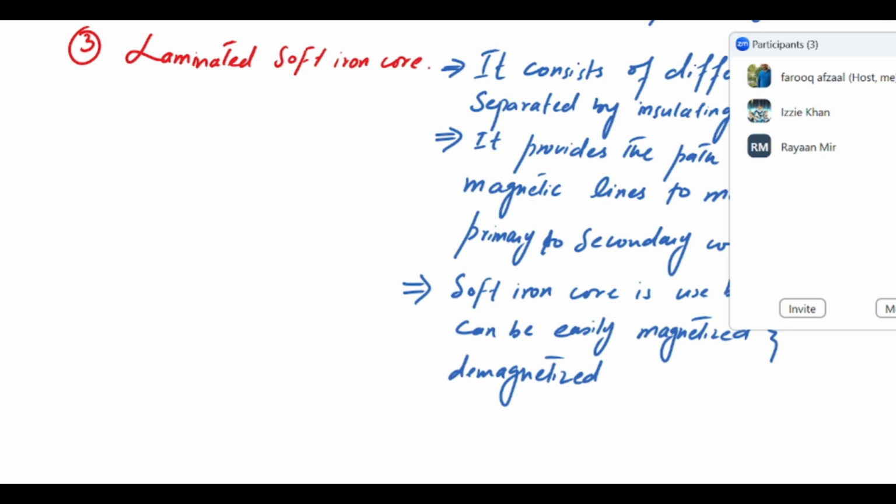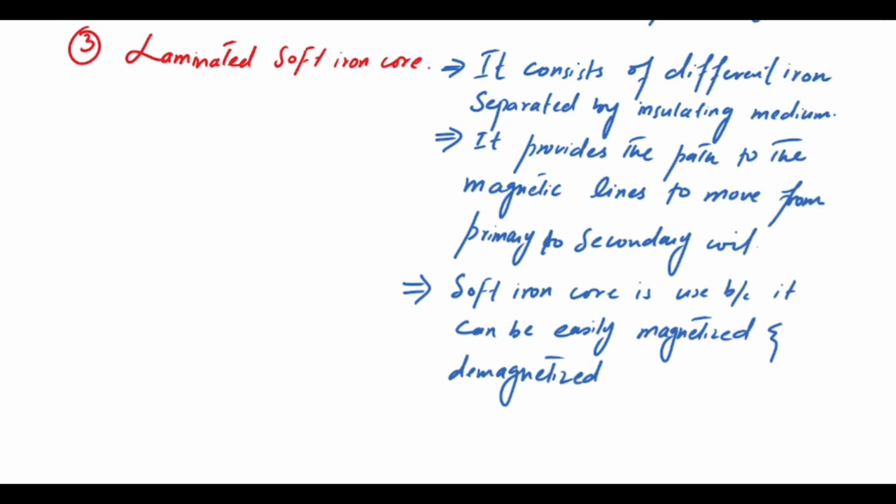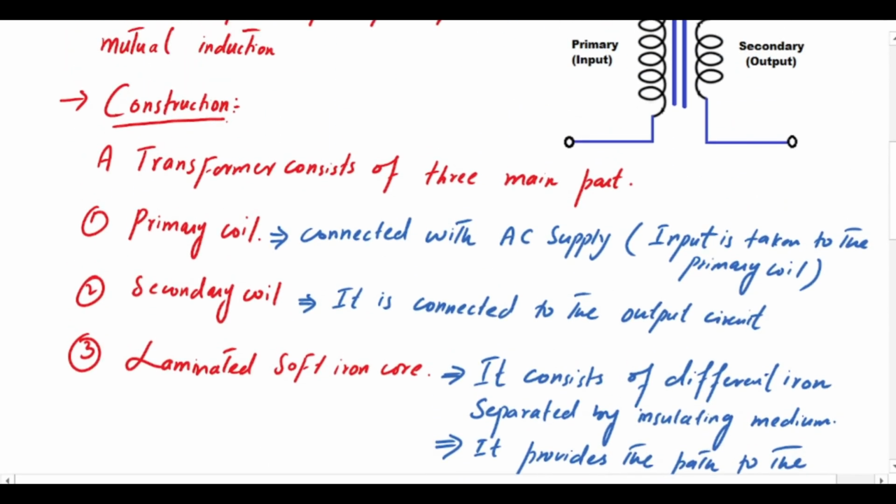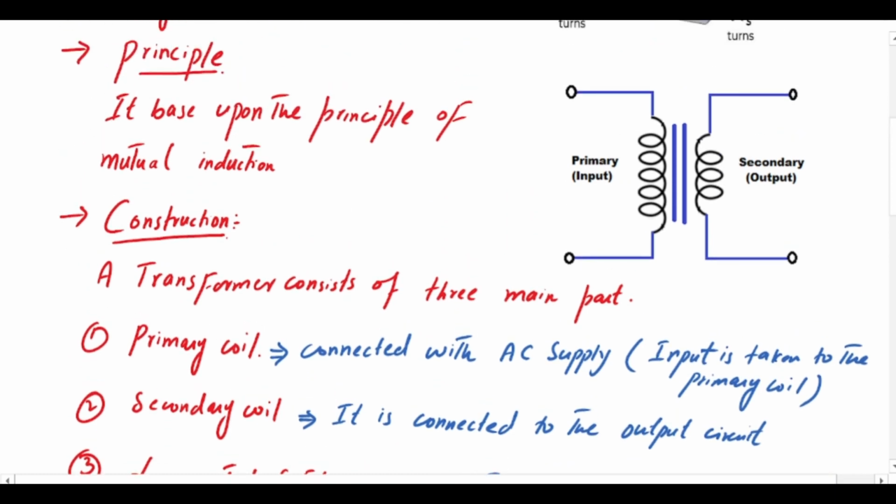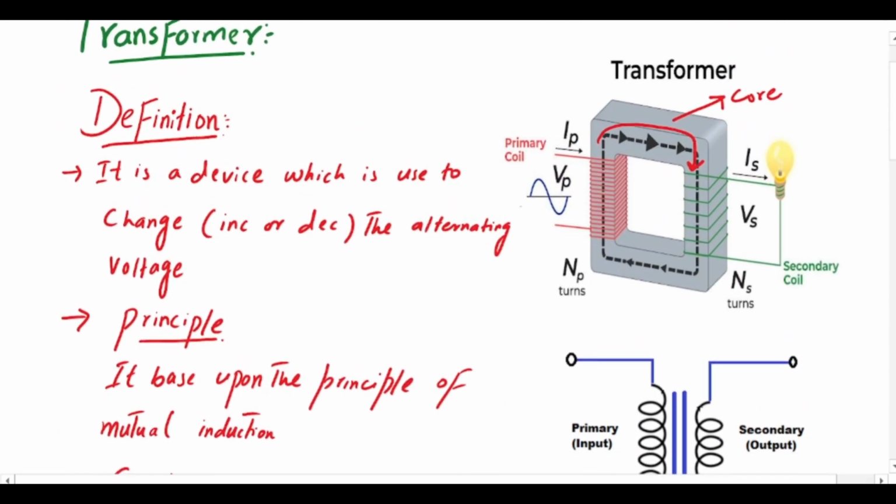Okay. Next is, so we have three main parts of the iron core transformer. We have started transformer, and you know that transformer is a device that is only used to change, mean increase or decrease, the alternating voltage.